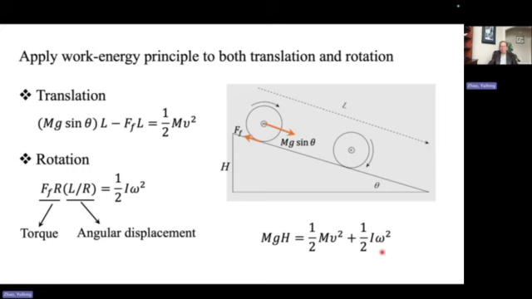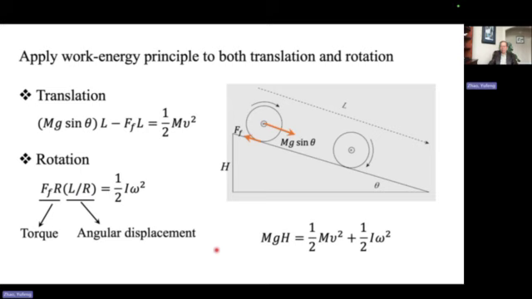That's why mechanical energy is conserved, because the work of the friction does not dissipate the mechanical energy. Instead, it transforms one type of kinetic energy into another type of kinetic energy.